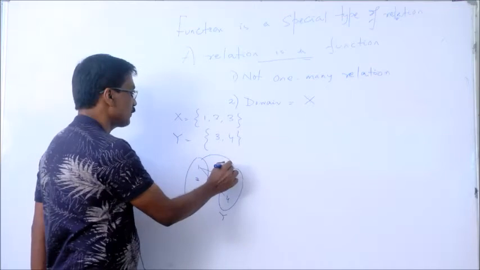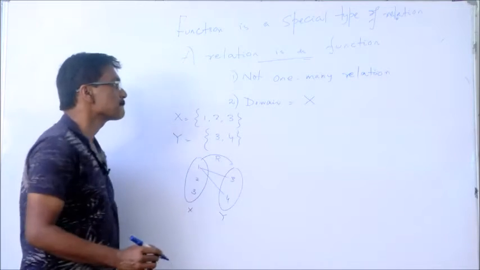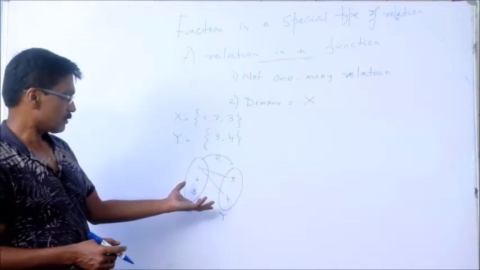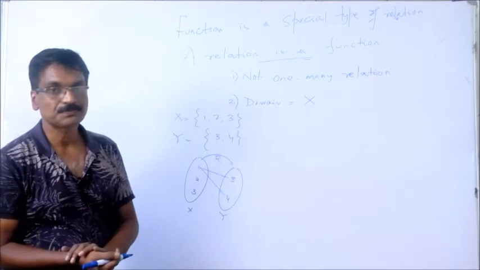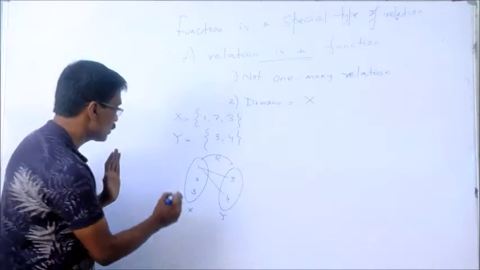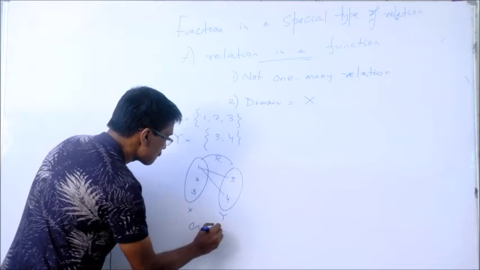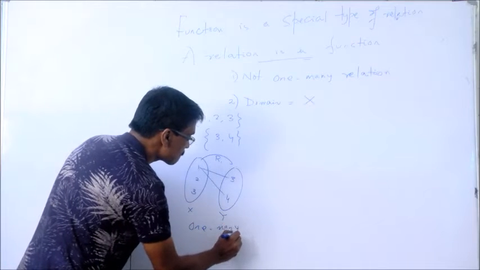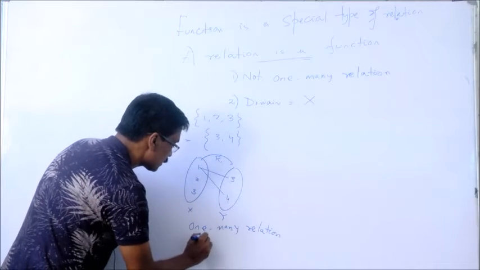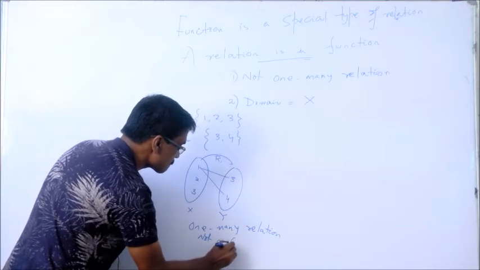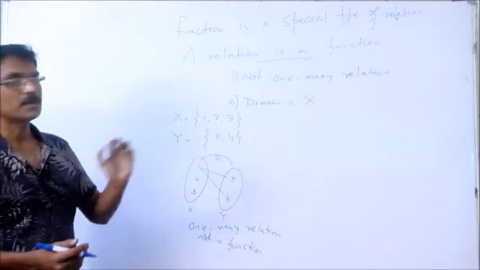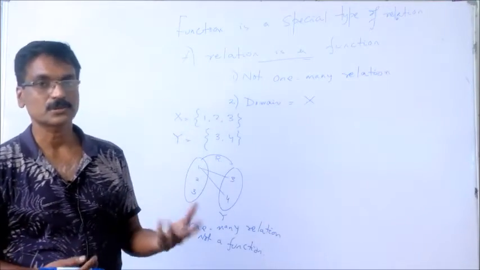Suppose this is a type of relation R1. Now, is it a function? Obviously, the answer is no, because it is a one-many relation. So, it is not a function. One-many relation is not a function.